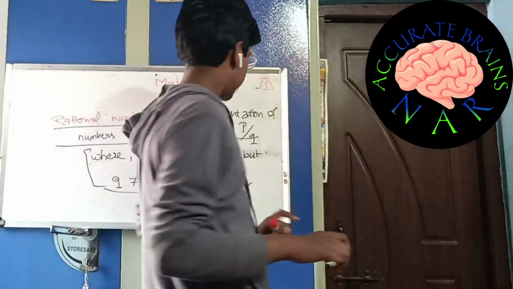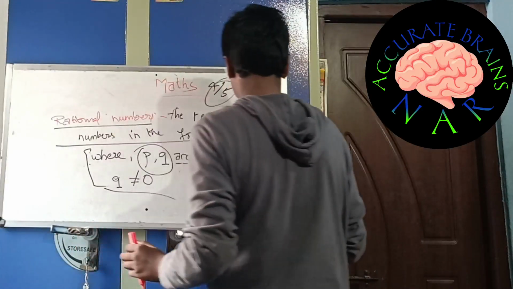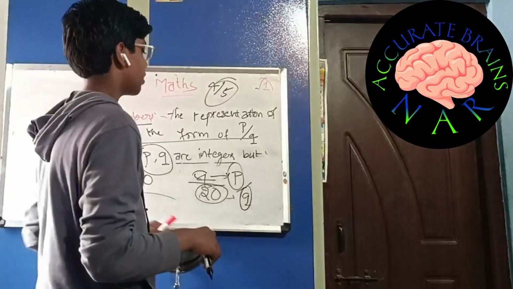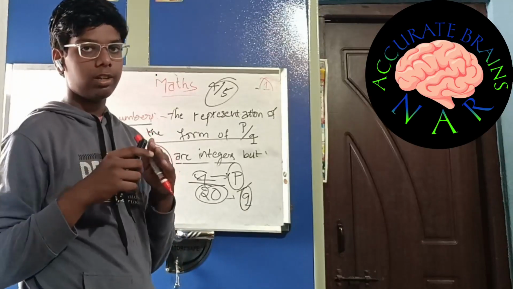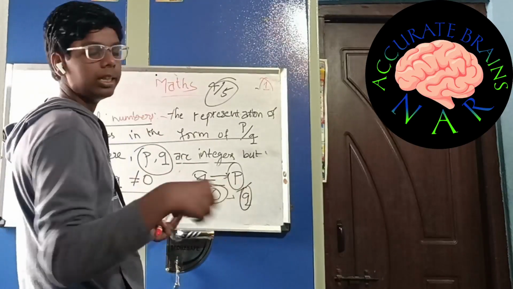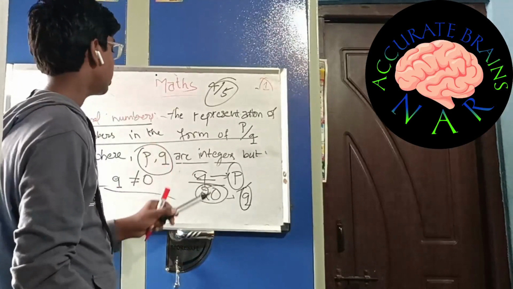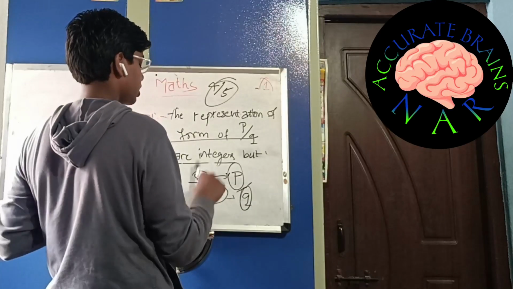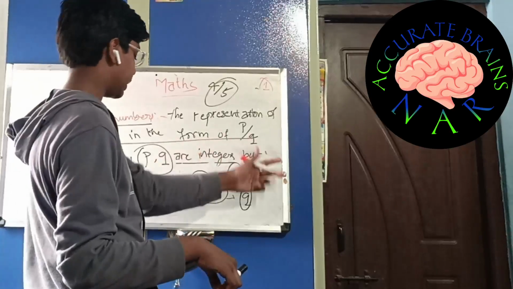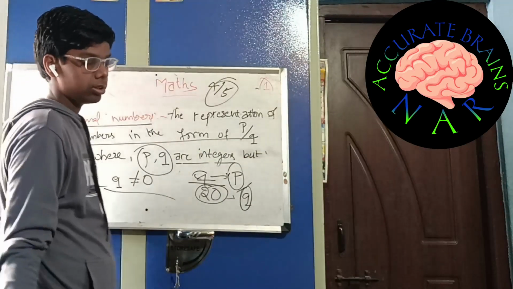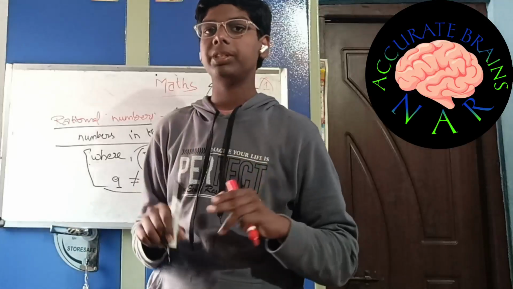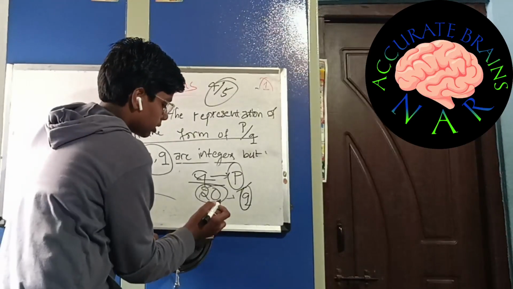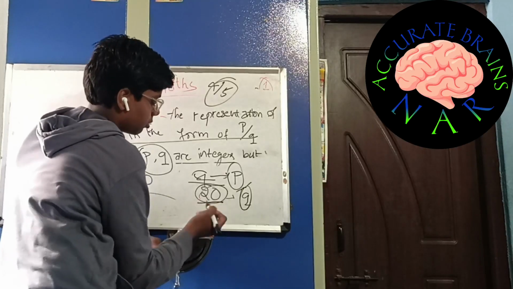P and Q are variables, and variables can change to any value, but here they are constants. So 4 is an integer, 20 is an integer, but Q is not equal to 0. Q should never be 0 in the form of rational numbers. Here Q is 20.